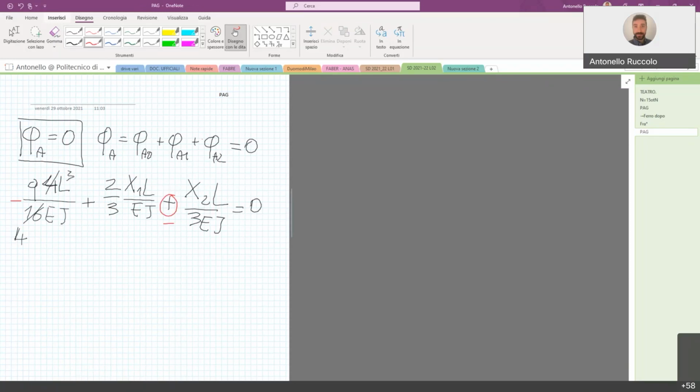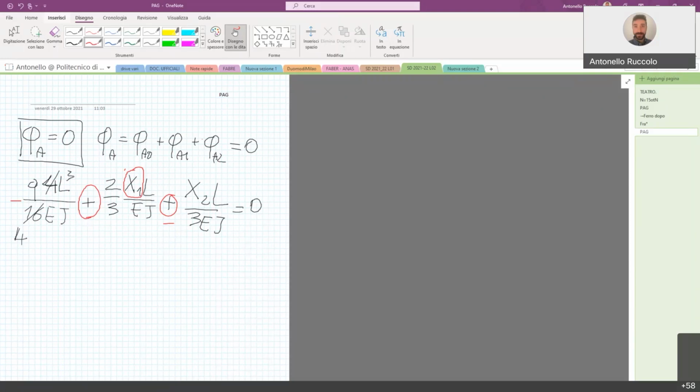One good rule is to use as positive the reference where we have the redundant force associated to the rotation that we are considering. In this case, x1 is the one associated with the node A. This term can be positive. All the terms that are coherent, homogeneous with that one, are positive. All the opposite ones will be negative.